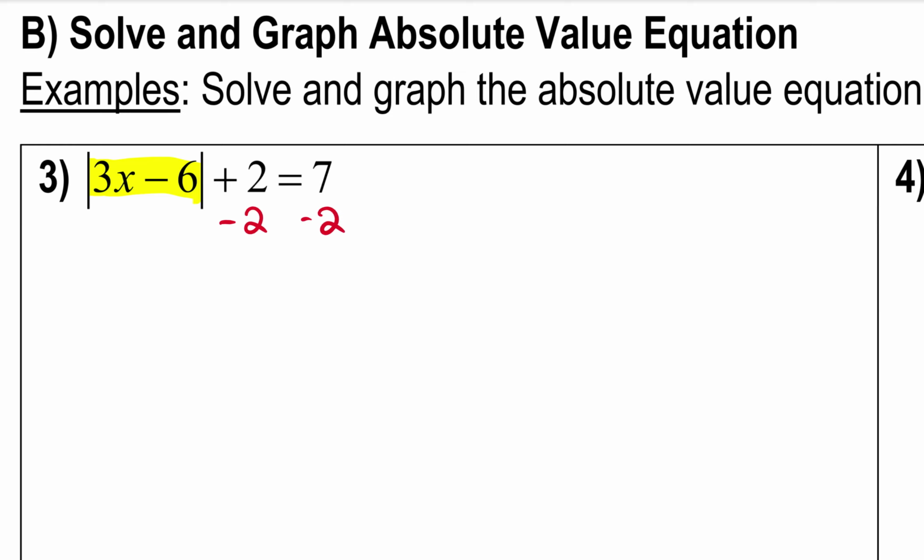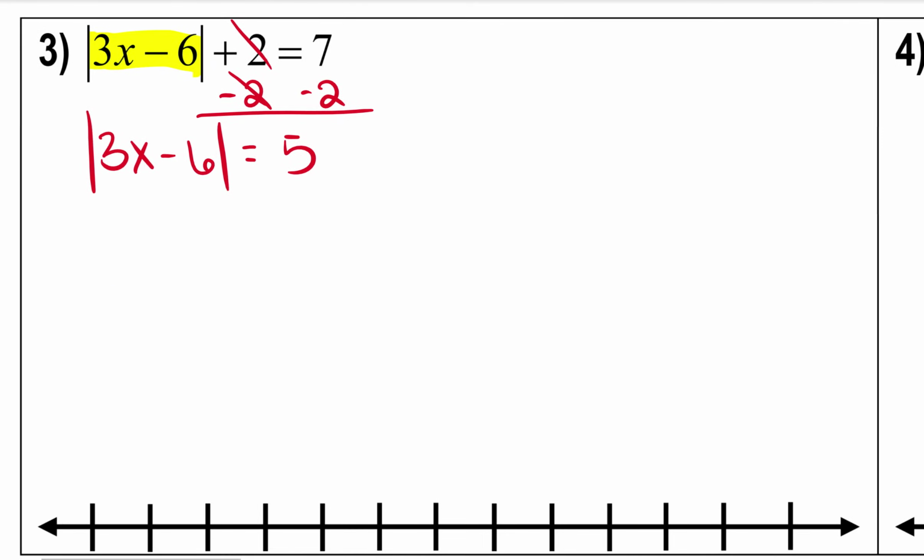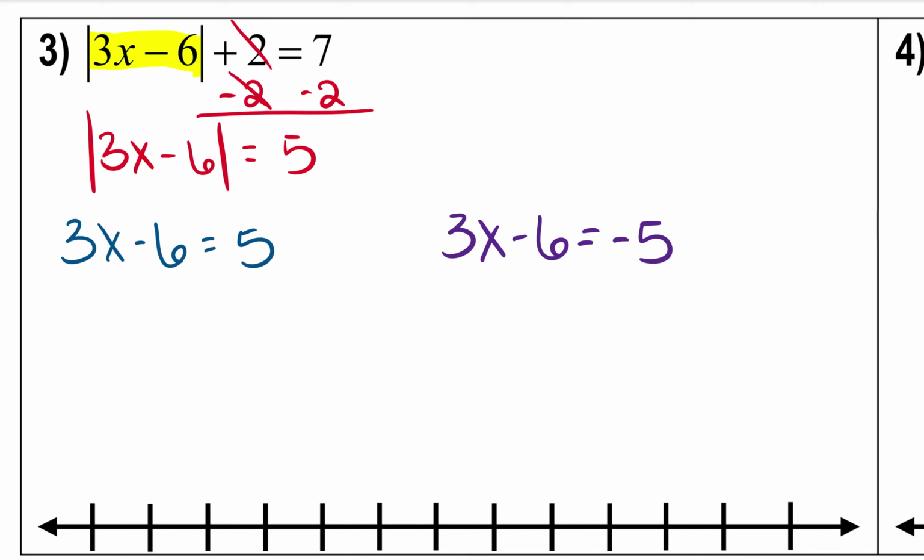So I'm going to move that to the other side. Sorry, absolute value of 3x minus 6 equals 7 minus 2. And now I can split it up. So I'm going to have 3x minus 6 equals 5, and 3x minus 6 equals negative 5. So I have positive and negative.